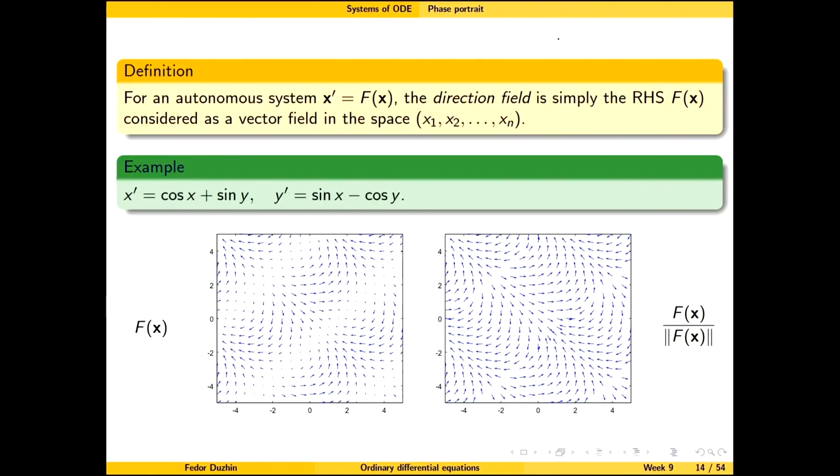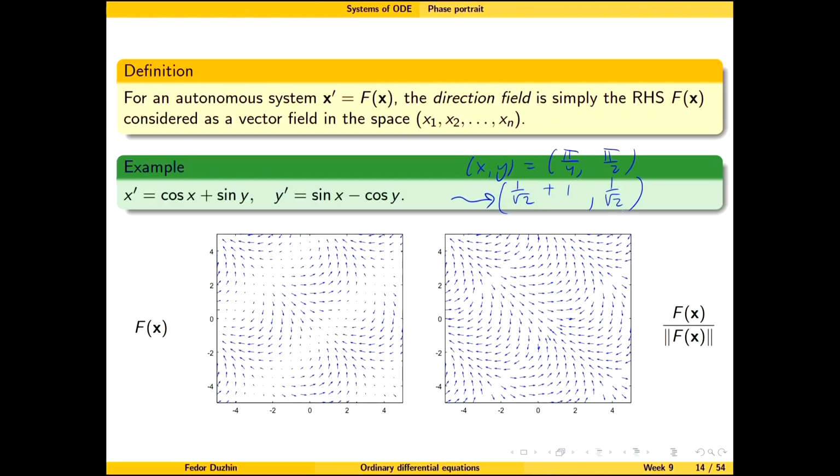So in other words, if we have an example like this, it means that, say, at the point (x, y) equals (pi over 4, pi over 2), the corresponding vector is going to be cosine of pi over 4, which is 1 over root 2, plus sine pi over 2, which is 1, and then sine x, sine pi over 4, is 1 over square root 2, minus cosine y, which is 0.